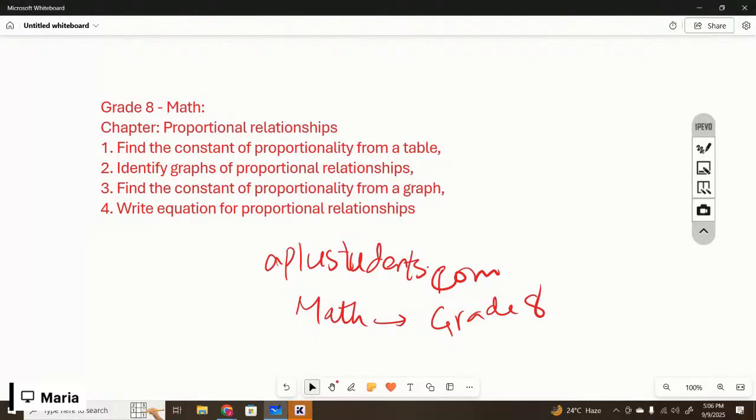We're going to start with the chapter proportional relationships. The lessons we're going to cover today are: find the constant of proportionality from a table, identify graphs of proportional relationships.